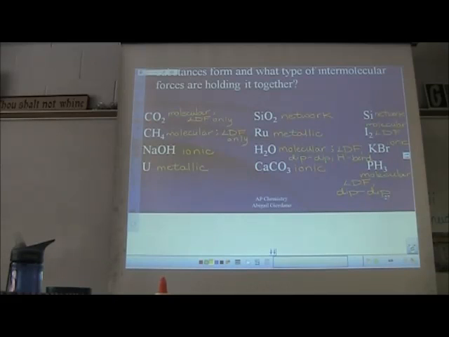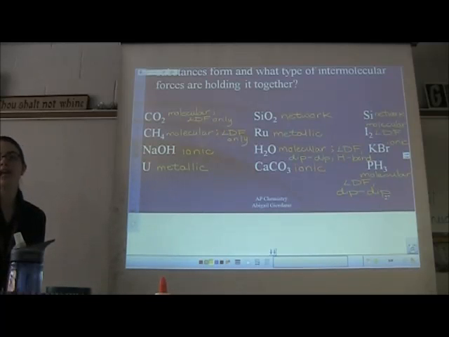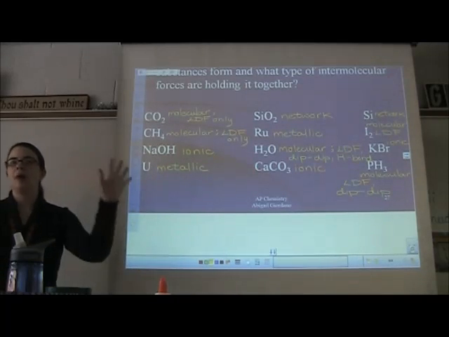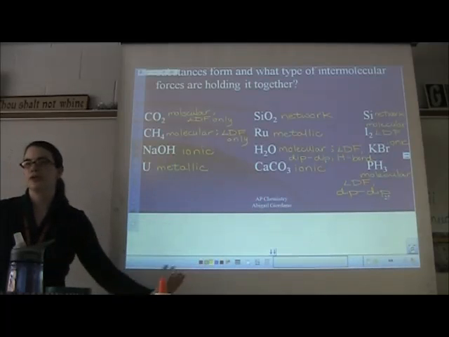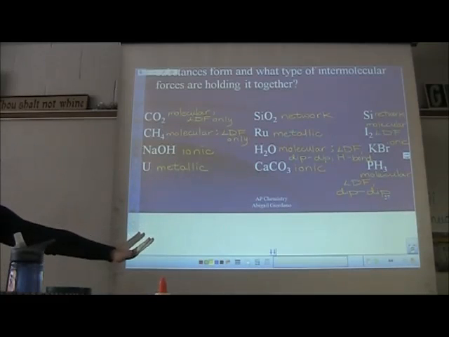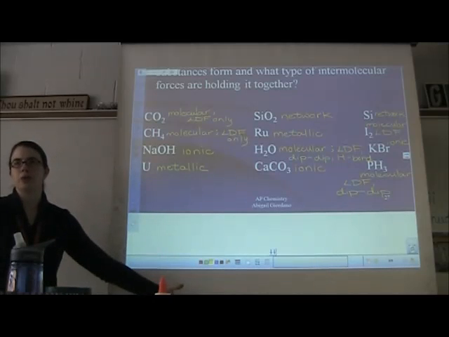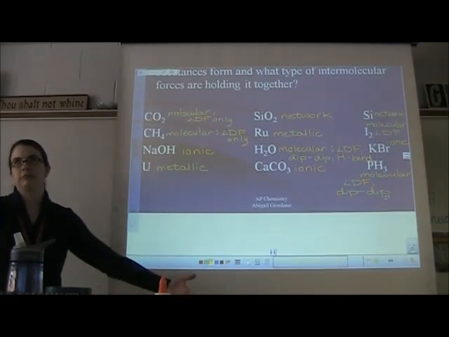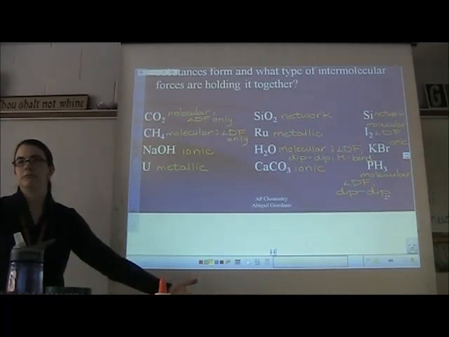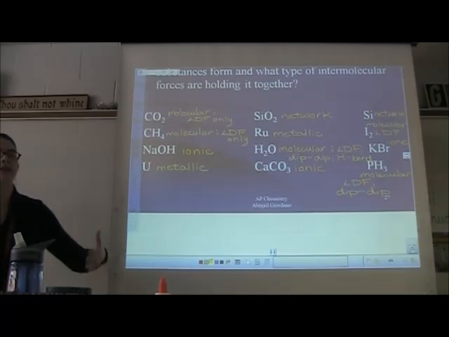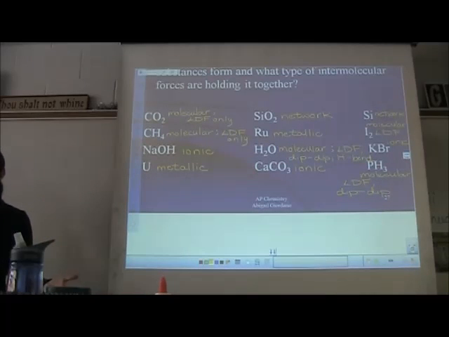So, let me make sure something is clear. A couple of people were asking me about this. If a compound is covalent, all covalent compounds have London dispersion forces. All of them. If it is a nonpolar molecule, then what? Then that's all it has. Yeah, then it has London dispersion only.